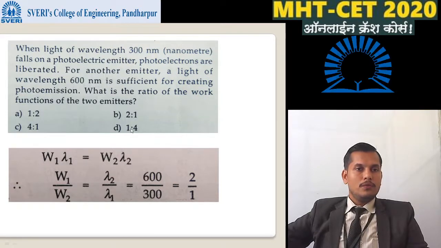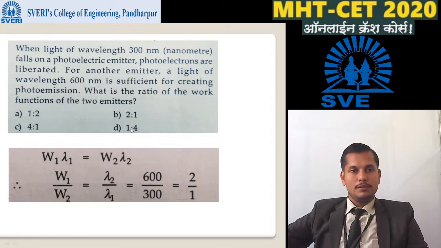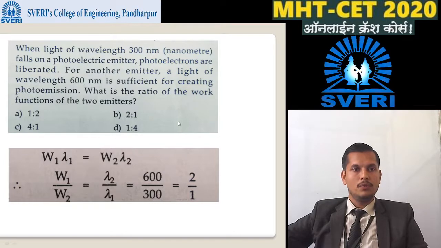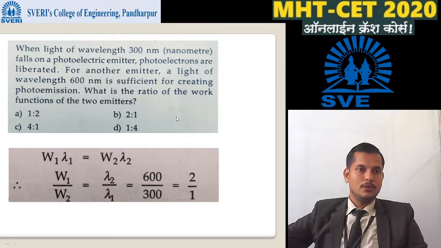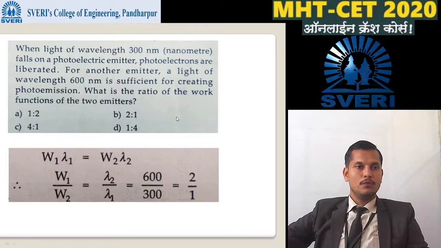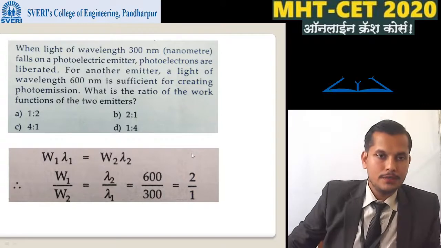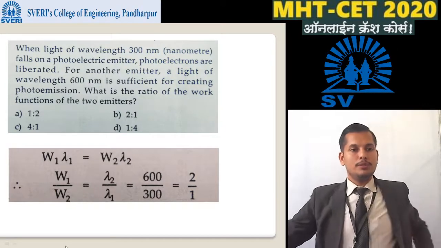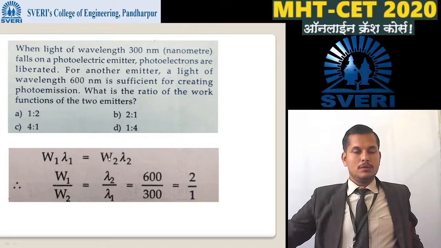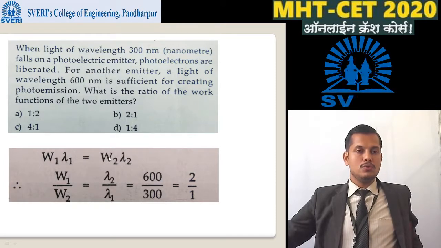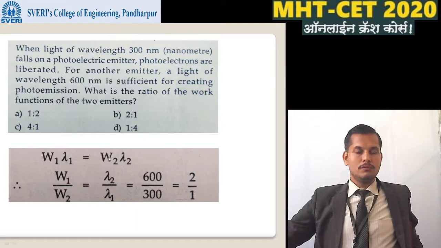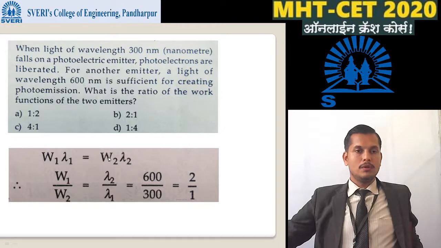When light of wavelength 300 nanometer falls on a photoelectric emitter, photoelectrons are liberated. For another emitter, light of wavelength 600 nanometer is sufficient for creating photoemission. So what is the ratio of the work function of the two emitters? Right now we have checked the equation for work function.